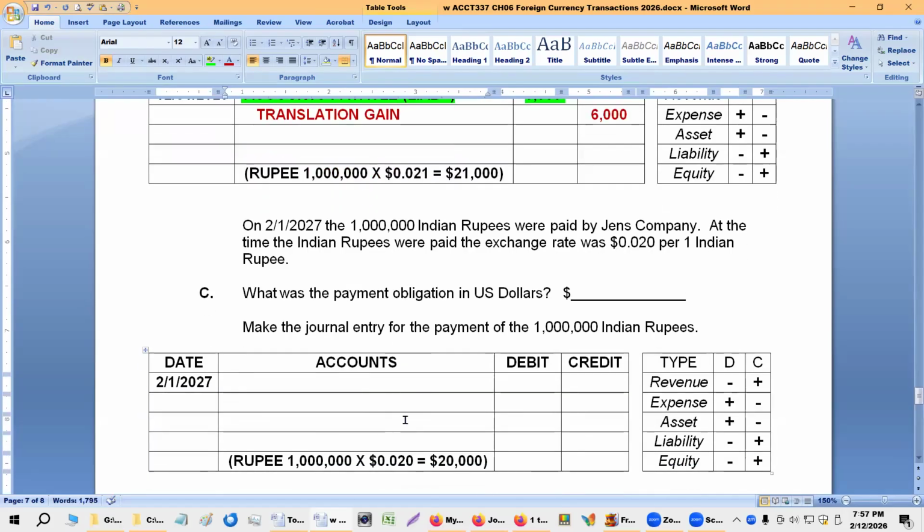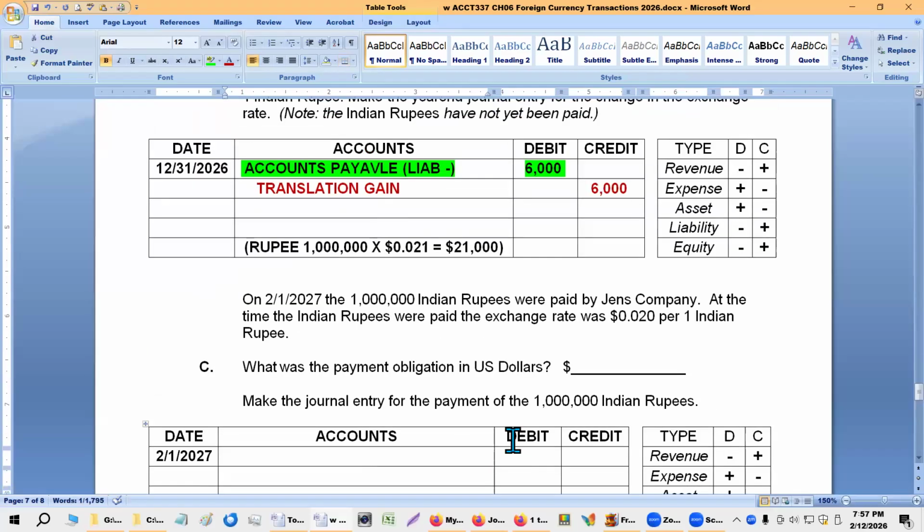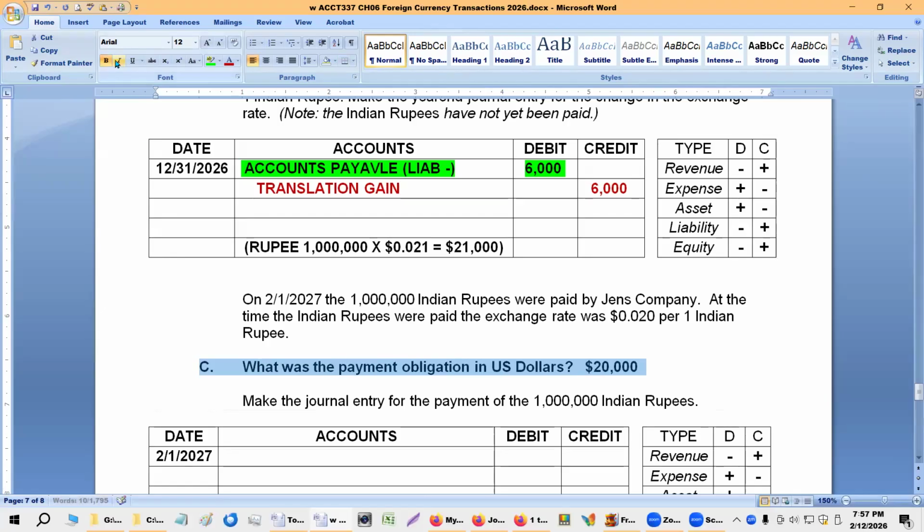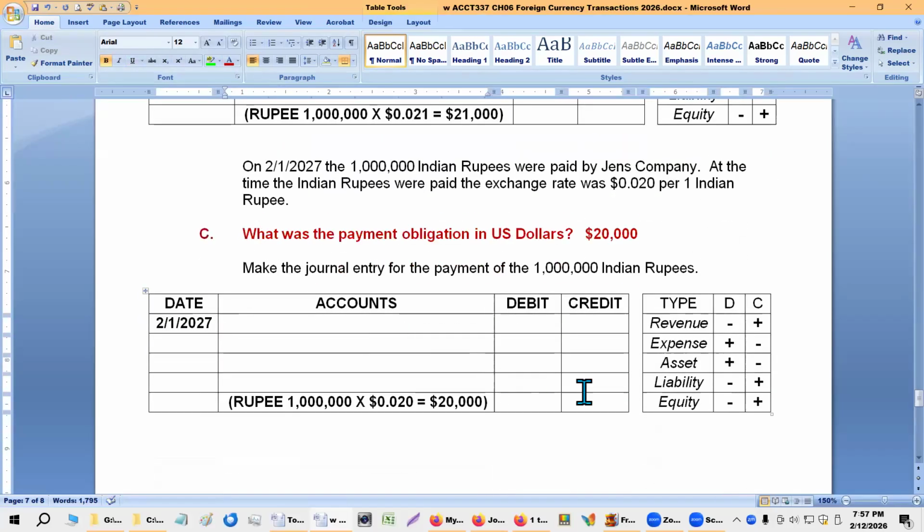Well, that would be the cash. So we take 20,000 cash, we go out by 1,000,000 rupees because that's what we have to pay these people in.